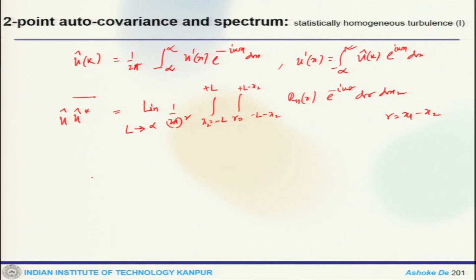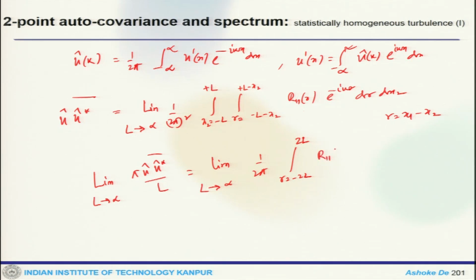So our limit actually becomes, when L tends to infinity, the limit of 1/(2π) times the integral from −2L to 2L of R11(r) e^(−ikr) dr. So that is what one can get.